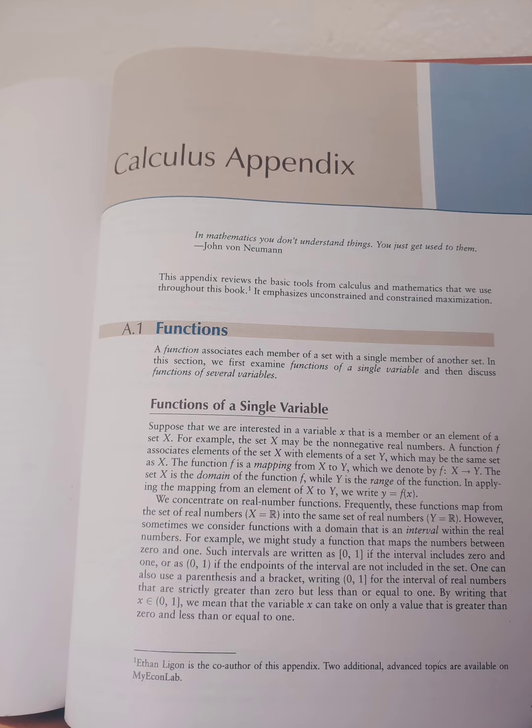For example, the implicit function g of x and y equals a times y to the power 5 plus b times y to the power 4 plus c times y to the power 3 plus d times y to the power 2 plus e times y plus x equals 0 cannot generally be rewritten so that y is a closed form expression of the variable x and the parameters a, b, c, d, and e.